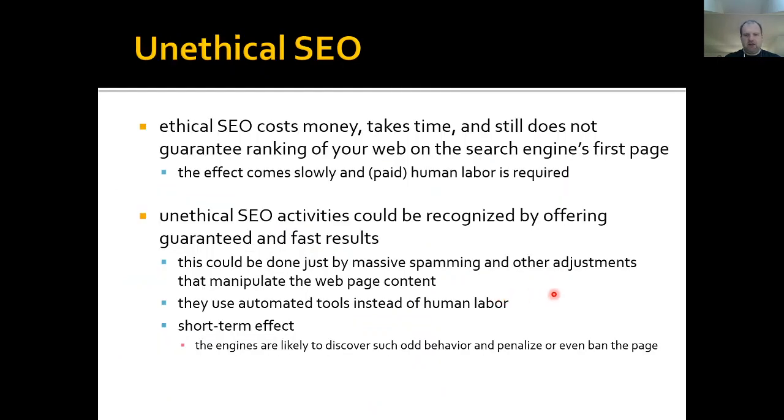And the last thing is unethical SEO. As I said, unethical SEO is short-term SEO. You want to quickly manipulate and quickly get highly ranked, but you don't use legal or ethical tools to do that. So it could be spam farms. You can spam many keywords into your content, so the keywords do not appear as metadata, but they try to fake themselves as being highly relevant for any query.